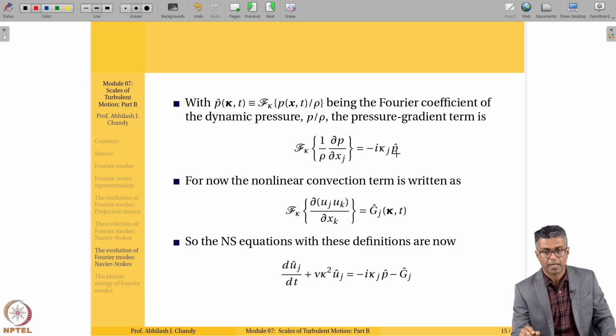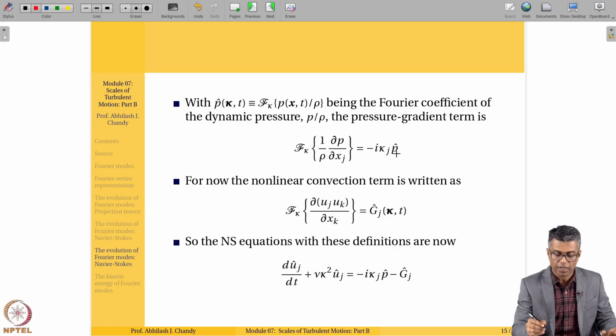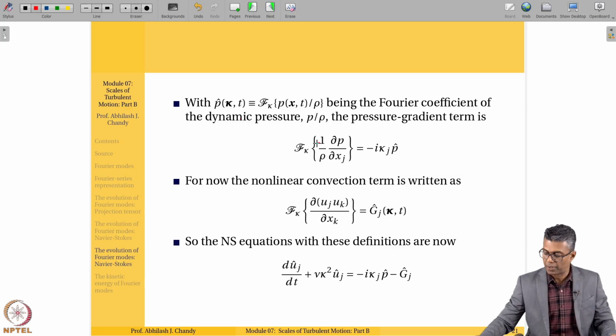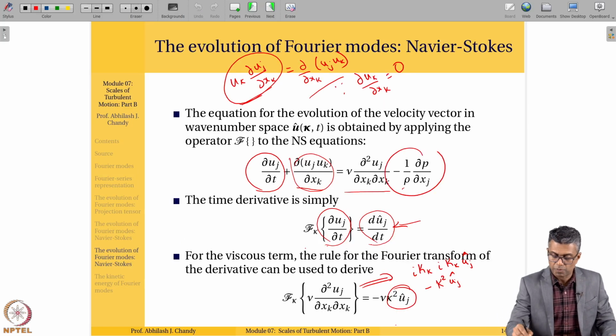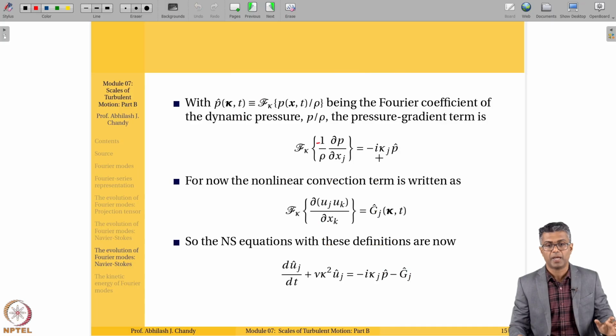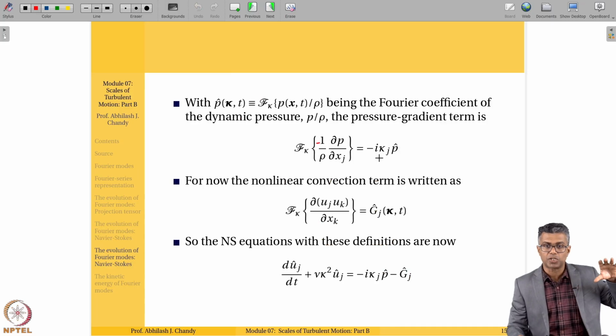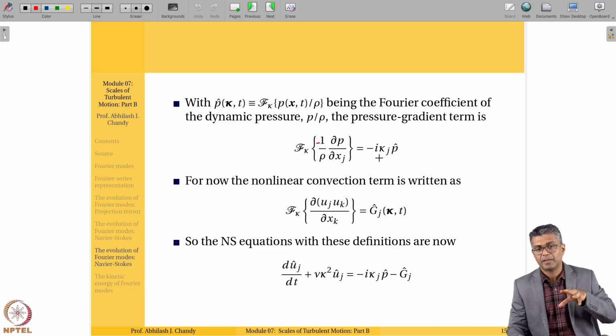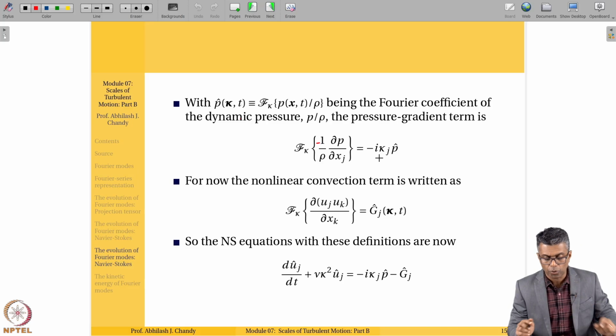Remember, this is a Fourier transform of the negative of the pressure gradient, which is minus I kappa j p hat. So you just did the time derivative term, the viscous diffusion term, and the pressure gradient term. Notice this is the Fourier transform of the negative of the pressure gradient, so that would be minus I kappa j p hat.